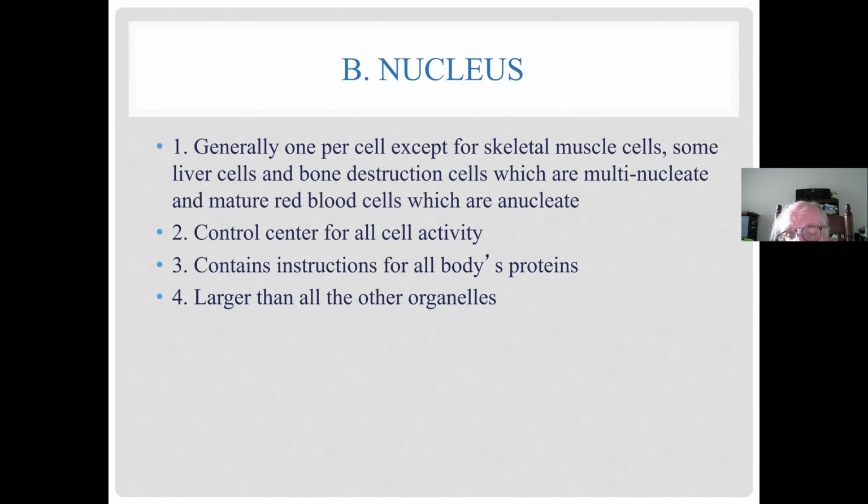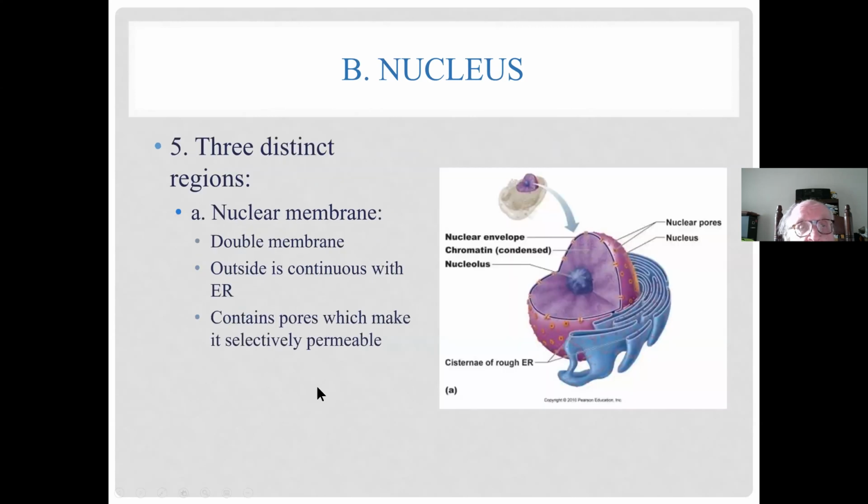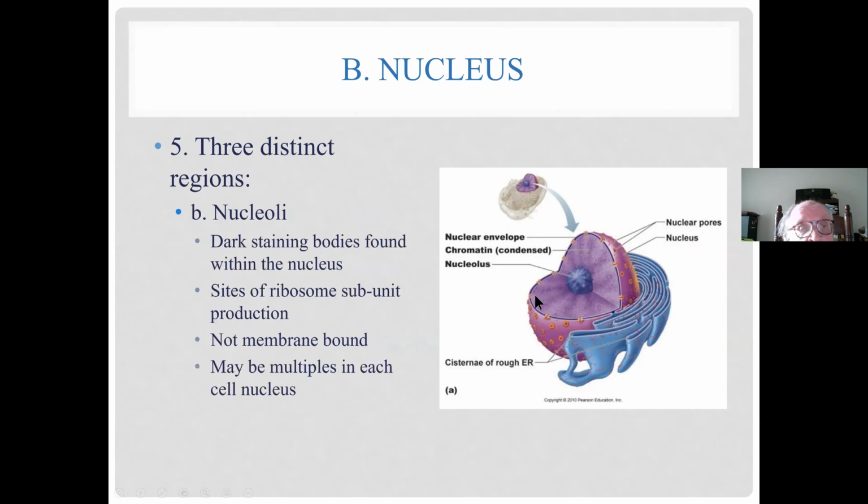But every cell in your body is totipotent, has the potential for becoming any other cell or organ in your body, okay? Large nucleus larger than other organelles, 3 distinct regions, the membrane, okay, double membrane, outside continuous with endoplasmic reticulum, contains pores which things can go out.